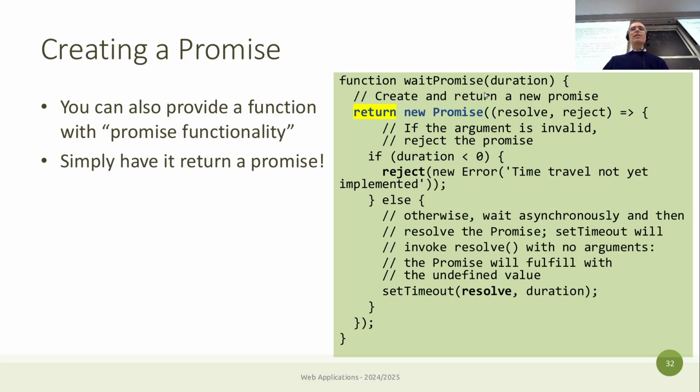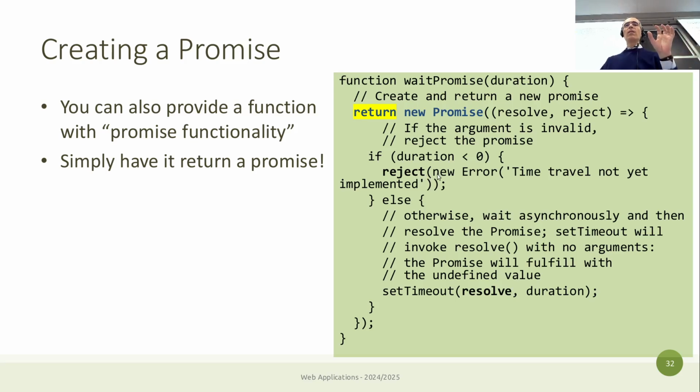So what does this function do? Basically it returns a promise in which if duration is 0 or greater, it will call resolve after a certain amount of time, depending on the duration, which is passed here, in milliseconds. And if we pass a negative value, it will simply immediately reject the promise, to make the promise have a final value which is rejected.